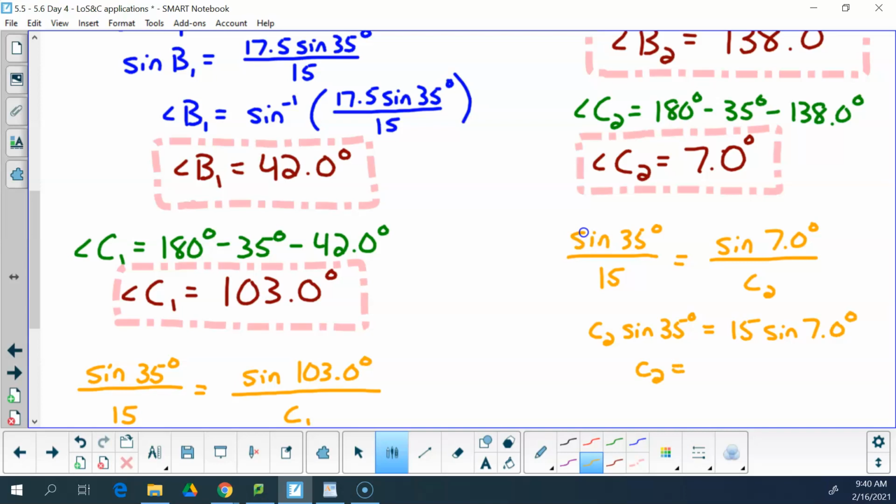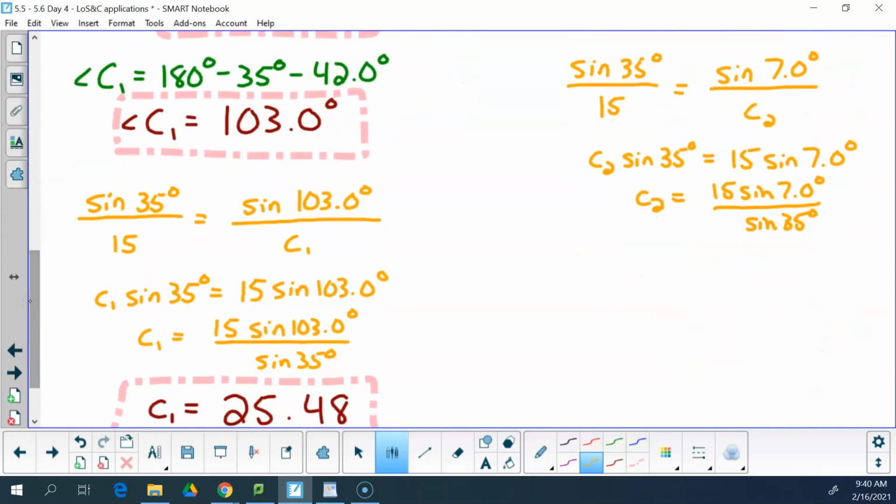So C sub 2 is 15 sine of 7.0 divided by the sine of 35 degrees. So side C sub 2 I get is 3.1 units. Questions?